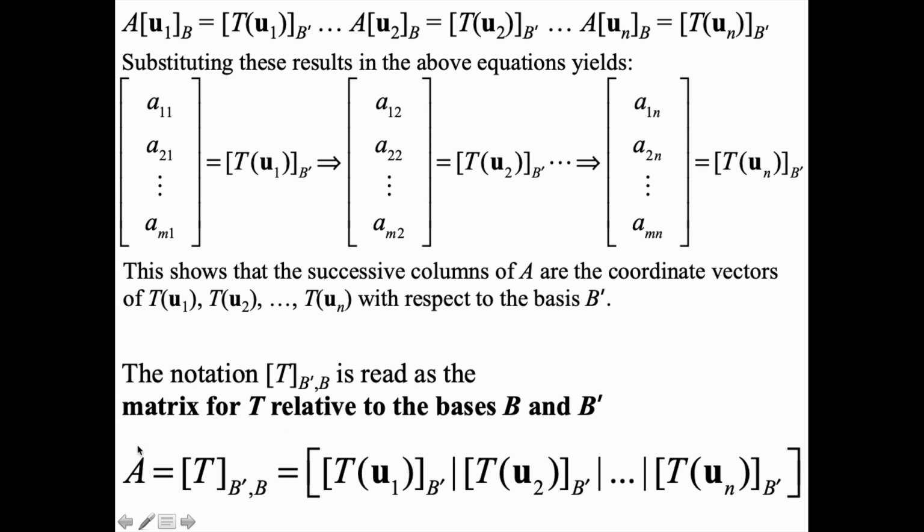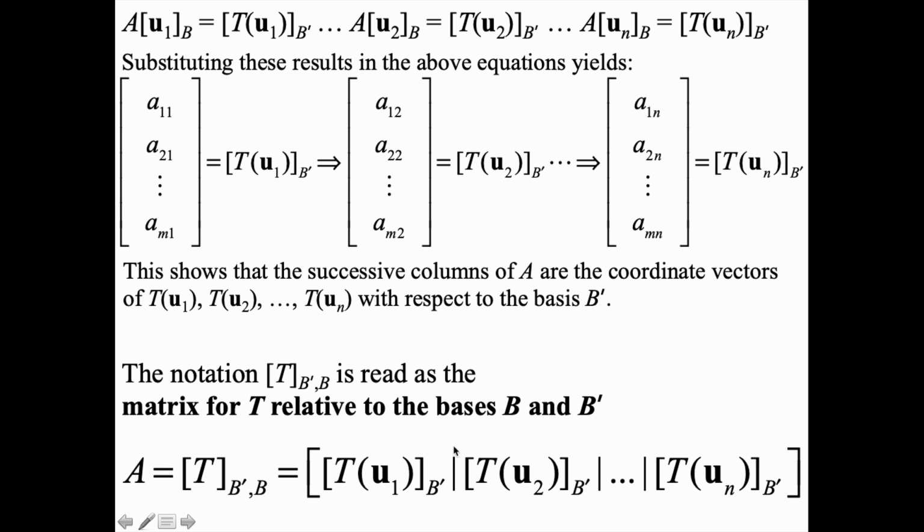So the mystery that has been solved here is that the transformation matrix A, or what we're now going to call the matrix for T relative to the bases B and B prime, is simply taking all those coordinate vectors for the transformations of all the basis vectors in B and expressing them relative to the basis for the new vector space, which we call B prime.